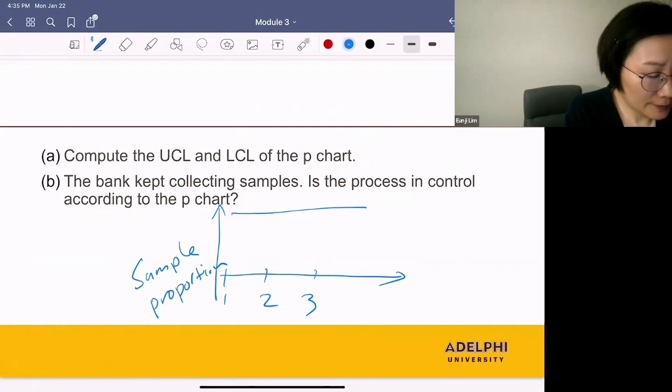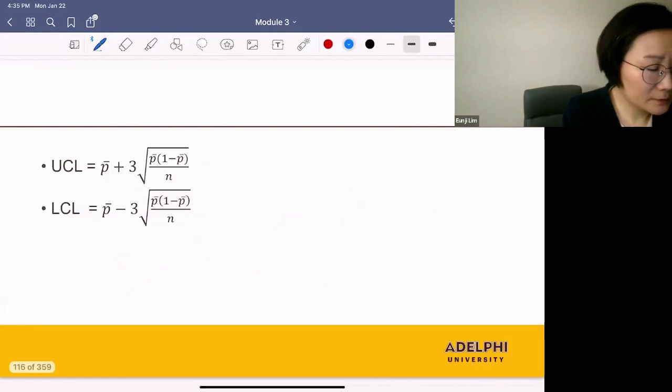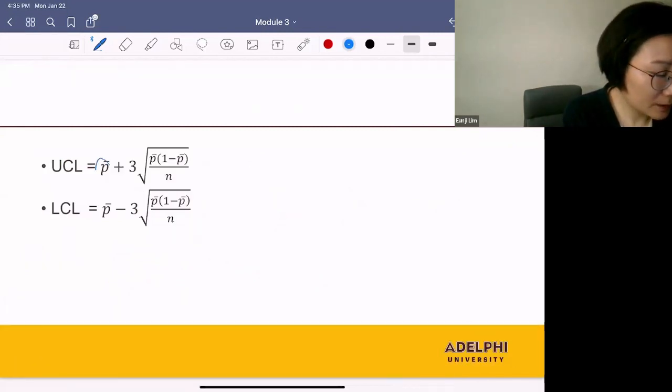We also have the upper control limit and the lower control limit. And part A is concerned with computing these limits. To compute these limits, we're going to use the following formulas. P bar plus 3 times the square root of P bar (1 minus P bar) over n.